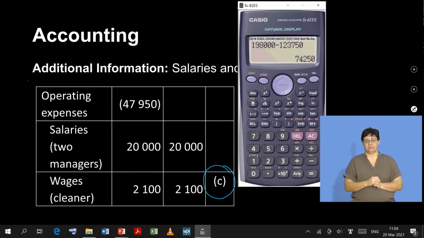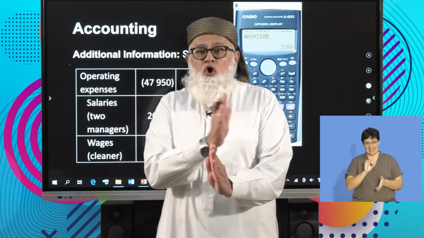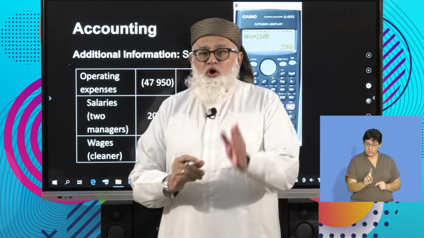Take your 2,100 times the 8%, which is the increase amount, will give you a figure of 168, okay? Then obviously add that with the previous salary to give you a figure of 2268. Now watch this calculation, very important guys. You want the new salary of your cleaner. So if you want the new salary of the cleaner, what do we do?